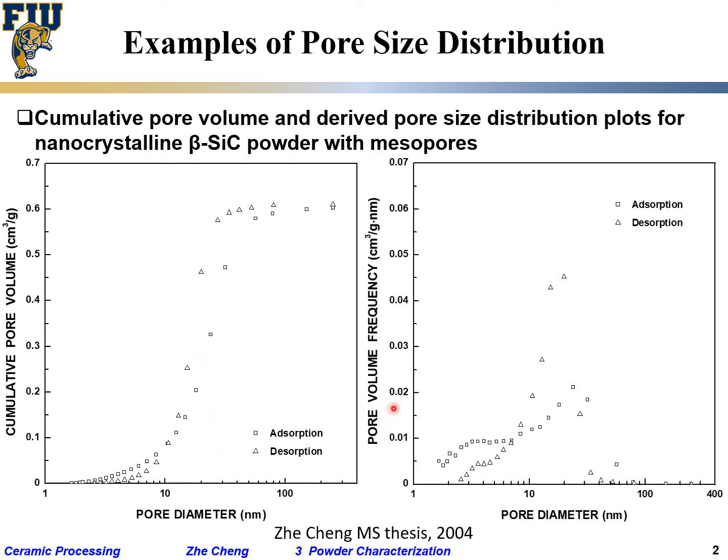Okay, so that's what we got: the so-called pore volume frequency. It has a strange unit of this over this. Make sense? It's specific pore volume divided by pore size. And our peak corresponds to around 10 to 20 to 30.